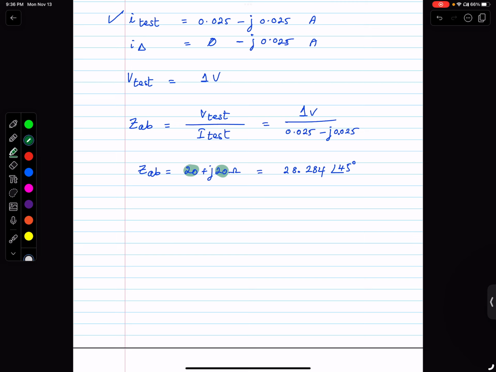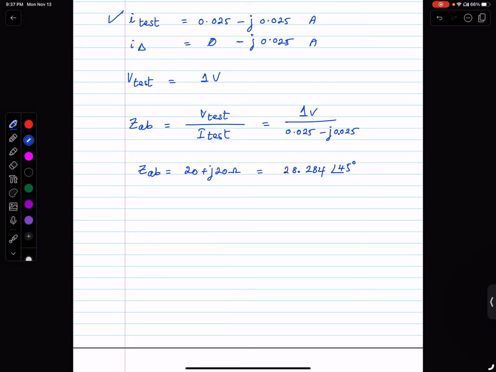When your imaginary part and real part are equal, the tangent inverse of the imaginary part over the real part is really the tangent inverse of 1. And that's the reason why we get 45 degrees. You see, there is a method to madness. You can see that there is an intuitive way of understanding and doing a quick sanity check of your problems.